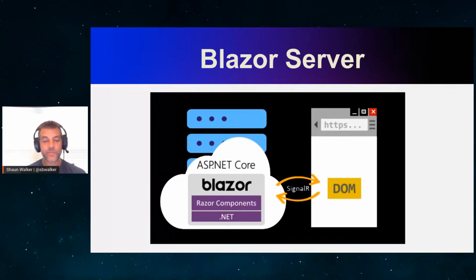If we look at a diagram, we've got Blazor Server, so the Razor components written in C# running on the server, communicating with the browser over SignalR. And just to be clear here, because this is another area of confusion sometimes, there still is JavaScript involved in this solution, right? There is a DOM differencing capability that exists in the browser that's part of Blazor.